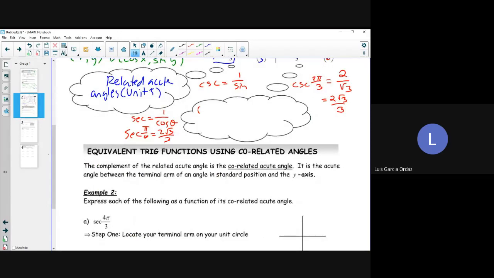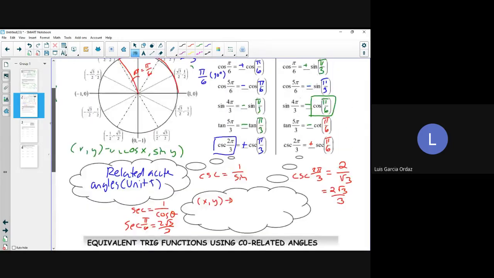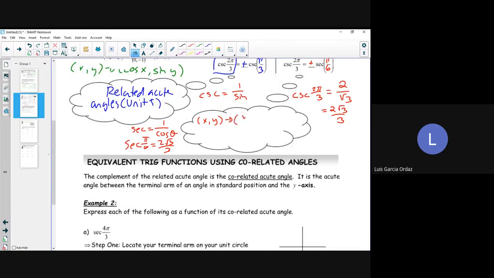When we have our points x and y, let's just say root 3 over 2 and 1 over 2, our x value, root 3 over 2, is our cosine ratio, and our y value, 1 over 2, is our sine ratio.